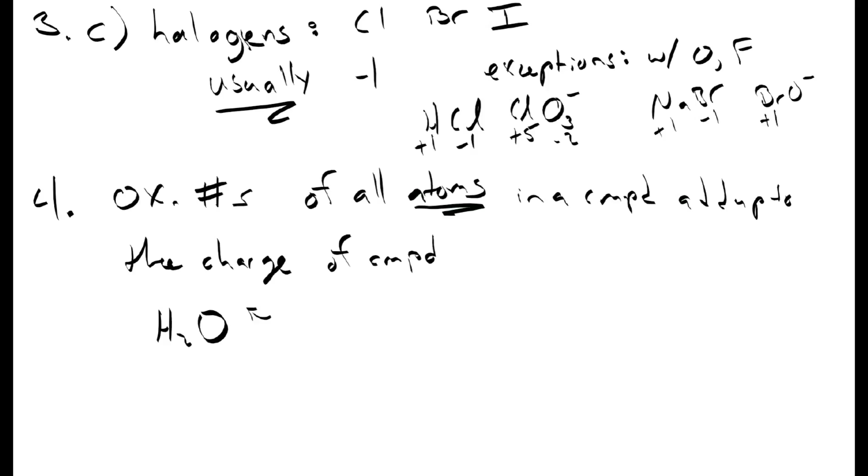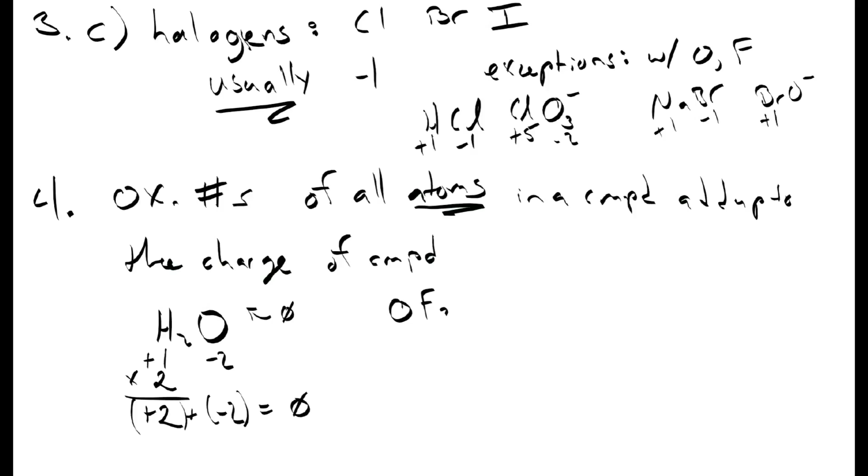We don't write the 0. There's an invisible 0 right there. It's neutral. And hydrogen is +1. Oxygen is -2. Okay. So +1, there's 2 of the hydrogens for a total of +2 and -2. +2 added to -2 equals 0.